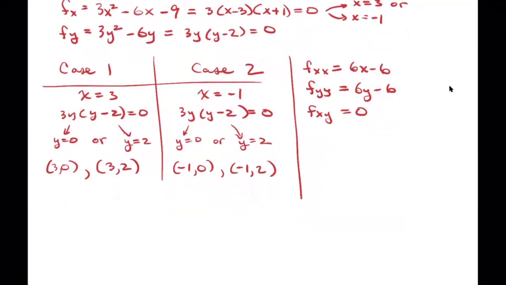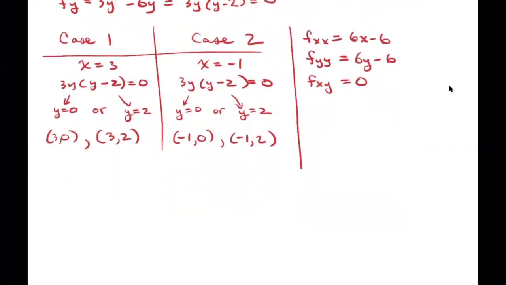I might make a table like this. There's 4 locations, so it's probably best to be sort of organized. So maybe let's do xy. Let's do an fxx. Let's do an fyy. Let's do an fxy.